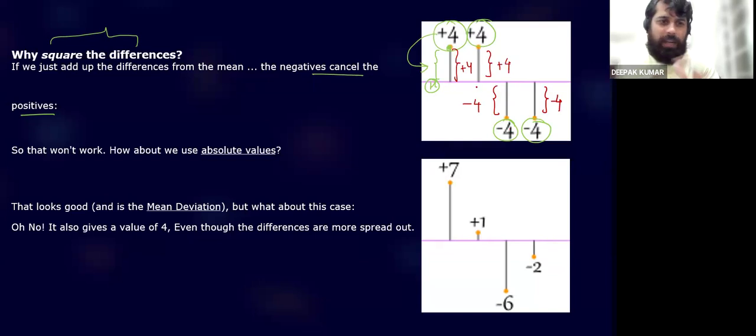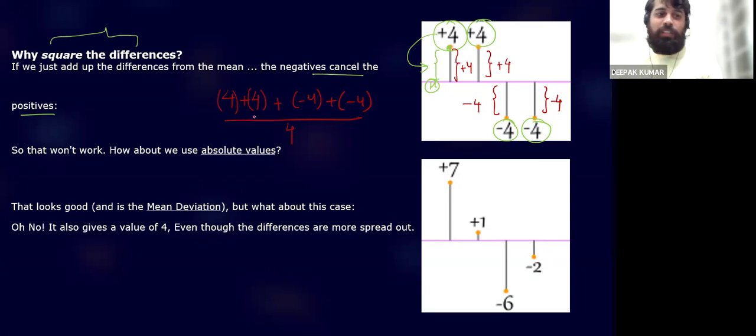Suppose I do simple addition, I simply add +4, +4. Sorry, this is the difference value, the difference from the point to the mean. So the first difference is 4, the second difference is 4, the third difference is -4, the fourth difference is again -4, divided by the total number of points, which is again 4, coincidentally.